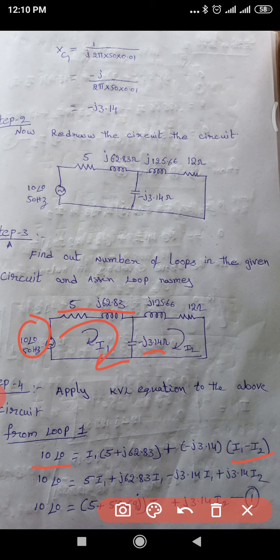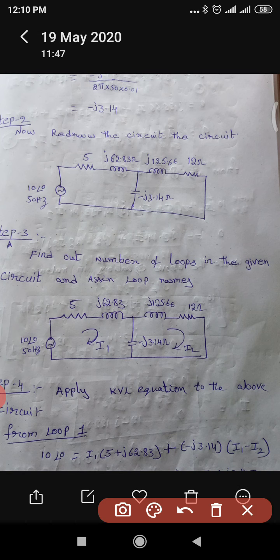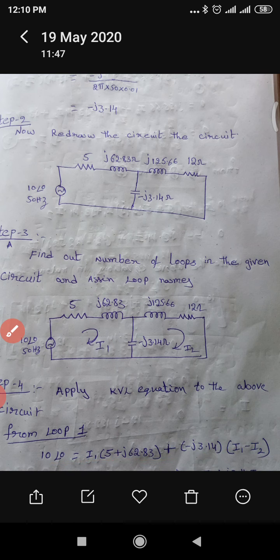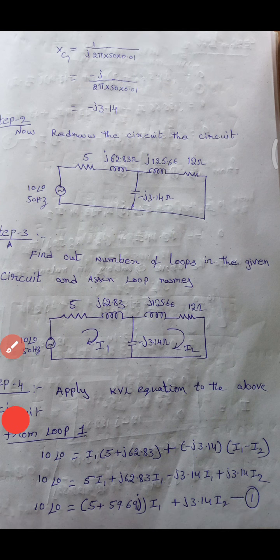Now simplify this equation and we get equation 1: 10 at an angle 0 is equal to (5 + j59.69) into I1 + j3.14 into I2.